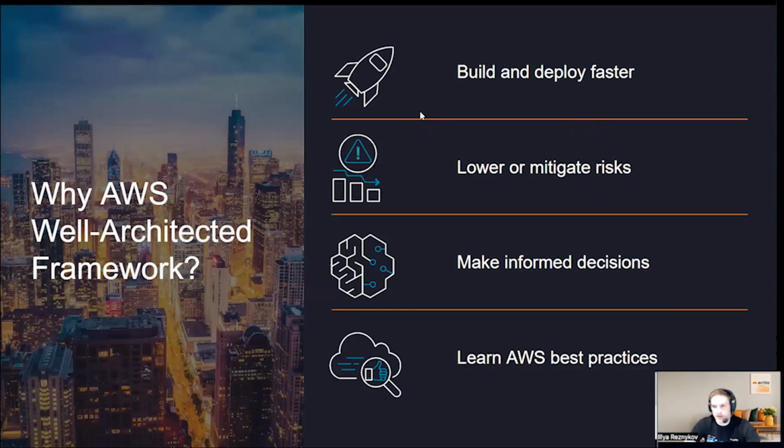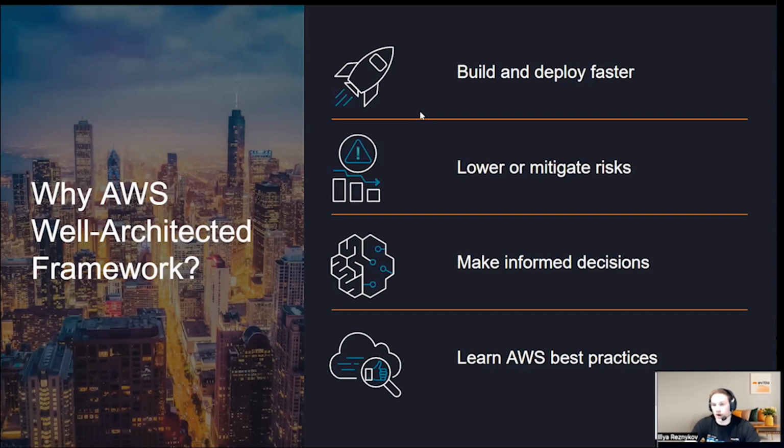So actually, there are several reasons behind that. At first, using the Well-Architected Framework allows you to answer the question: is your workload well-architected? It allows us to build and deploy our infrastructure and applications faster, because using these best practices, we may reduce unplanned actions, improve automation, and, for example, increase capacity management.